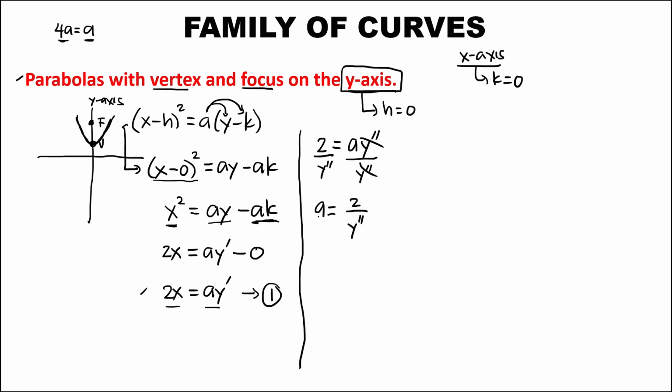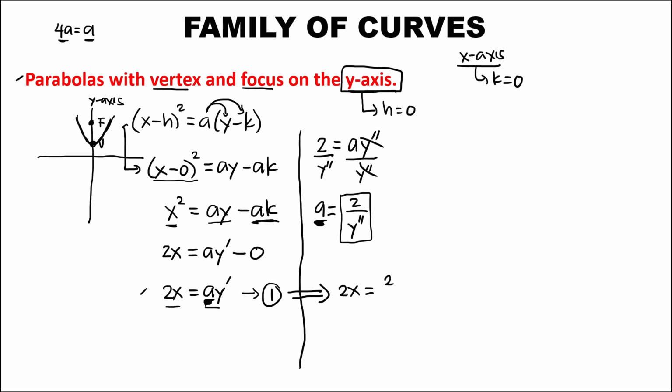Then this time, we need to substitute this value of a into the first equation. So from the first equation, 2x equals a times y prime, and a is equal to 2 over y double prime.